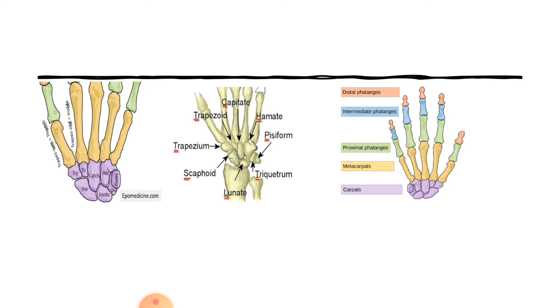And there are total 3 phalanges in the fingers and 2 in the thumb: proximal, intermediate, and the distal phalanges.